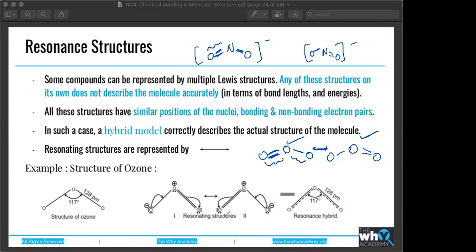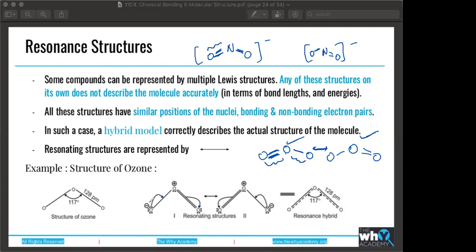Technically what is happening is, here you have lone pairs of oxygen, right? These get into the mix and there is constant delocalization of electrons. The double bond oxygen is going to attract this pair of electrons towards itself, so a slight partial positive charge comes here.